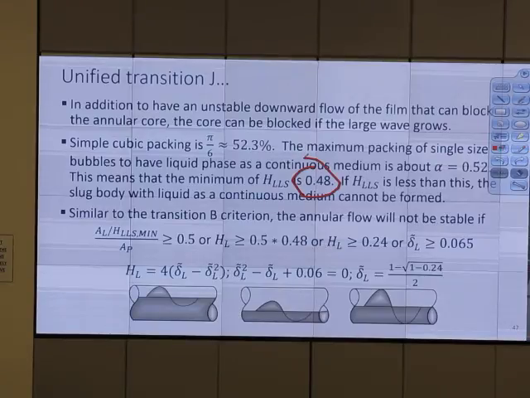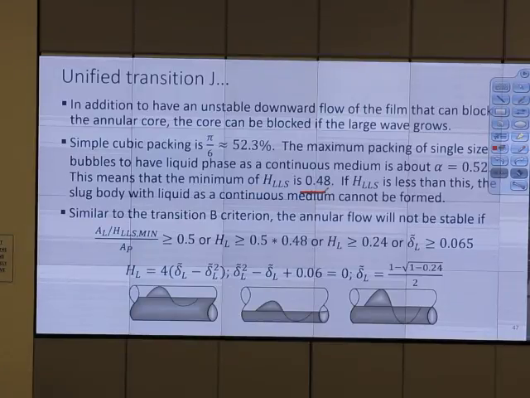It's not possible, because that is the maximum packing of the dispersed bubbles already. So at least inside the slug body, at the minimum, HLS should be 0.48. Early on they used something like 0.7, right?